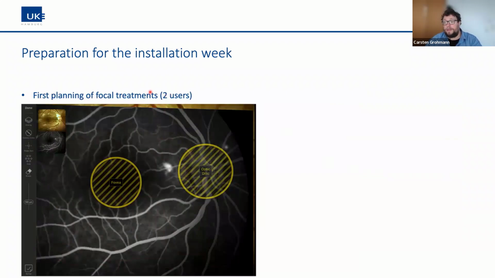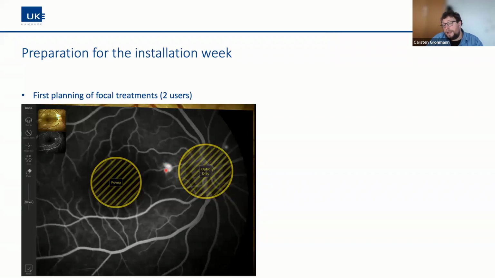Focal treatment is one of the main aspects of the new laser. I personally perform a lot, like the CSCR. Here we have the caution zone of the optic disc, we have the caution zone of the fovea, and as you can see here in the fluorescein angiography, the sign of fluorescein coming out. So here is an active spot of CSCR.